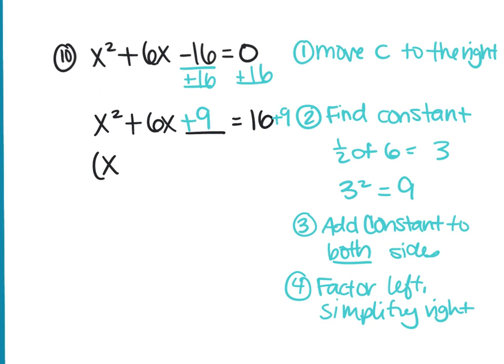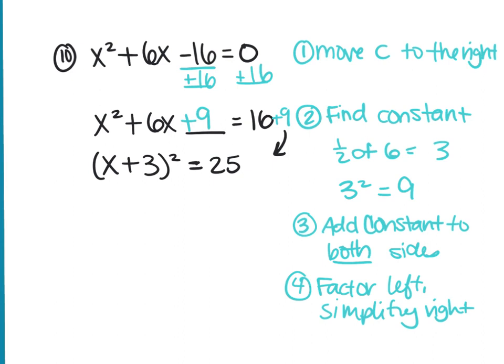And it was a positive or a negative 3? Positive. So I put x plus 3 squared because I'm trying to make a perfect square, which means a little expression times itself. So I factor that side. Typically that's where we do the x, but you guys don't have to because we already found that number. Okay? What does this simplify to? What's 16 plus 9? 25.